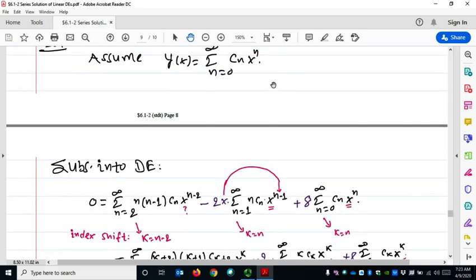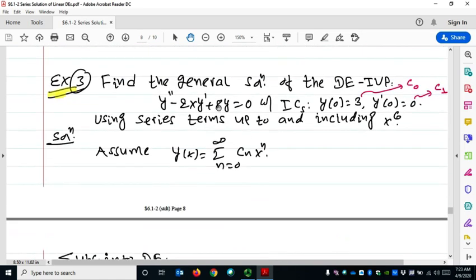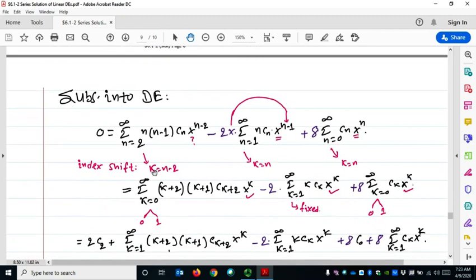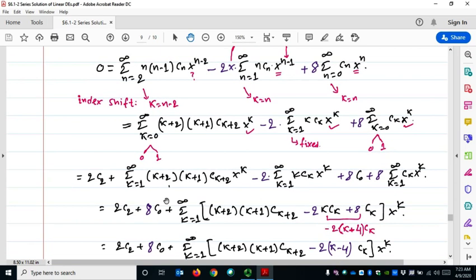Next, substitute this power series back into the given differential equation, and then do that reindexing business again, what we did in the previous example. Exactly the similar idea here. Then here is a summation.